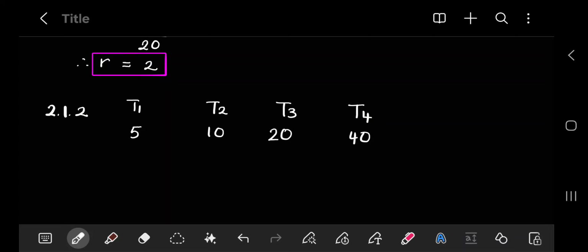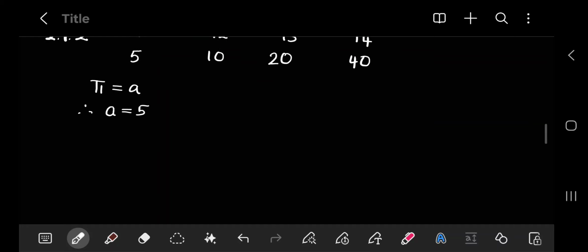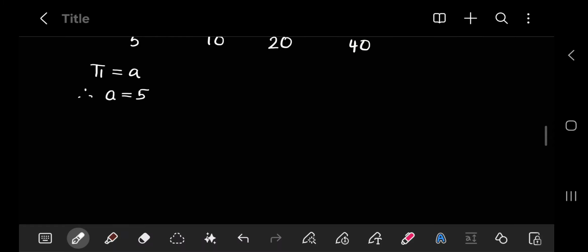And since A is term 1, that means that A is equal to 5. So you would definitely be allocated a mark for getting the A value first. Now that we know what A and R is, we can write down the general term in the format Tn is equal to A R to the power n minus 1.